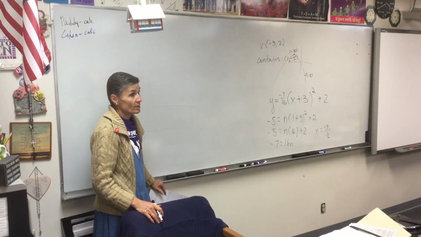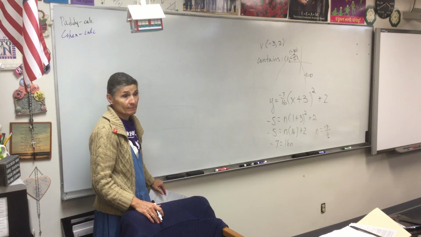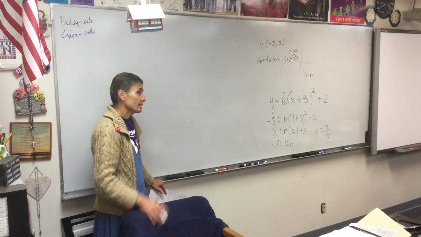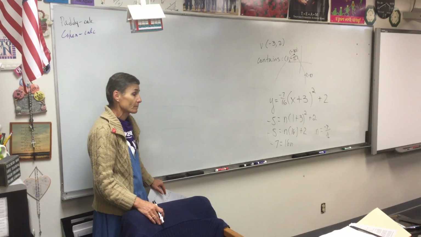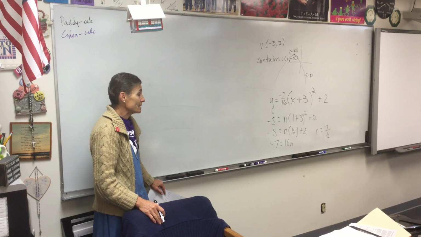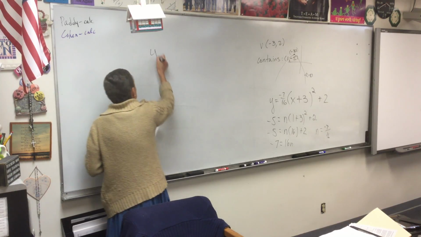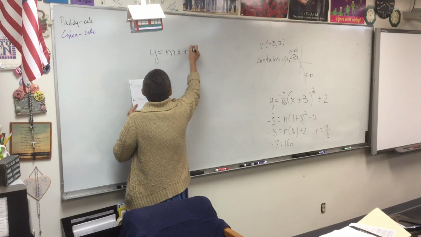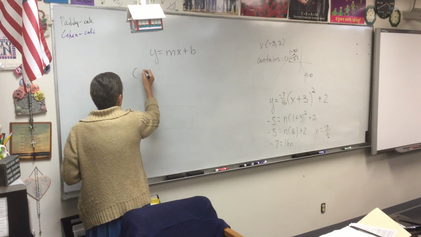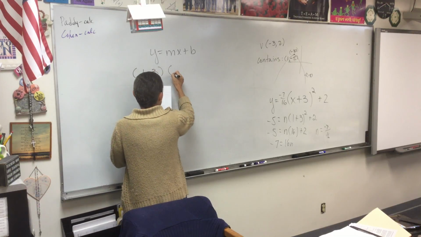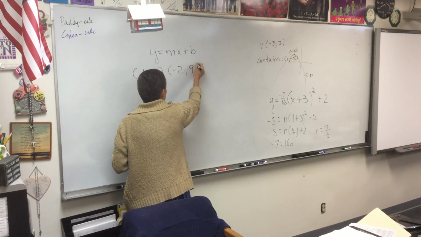Linear. Write the equation of the line, right? So immediately you should be thinking something like y equals mx plus b. Now what have you been given? You've been given 2 ordered pairs: (1, 3) and (-2, 9).